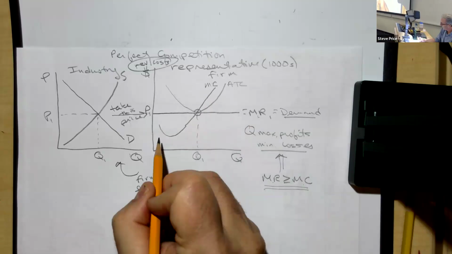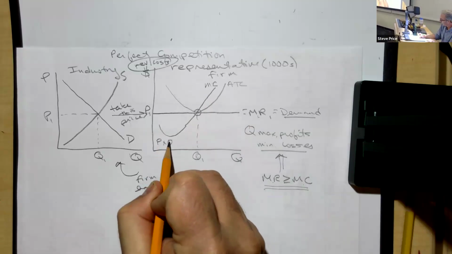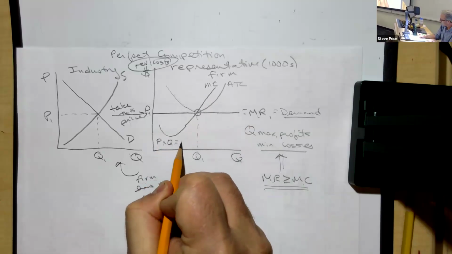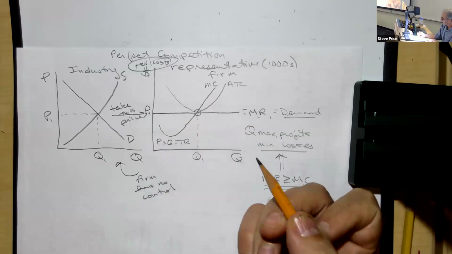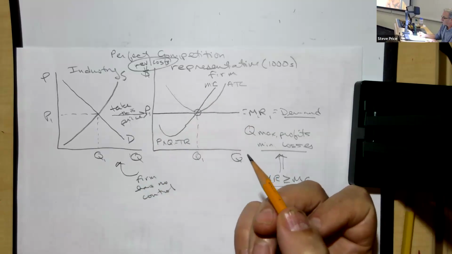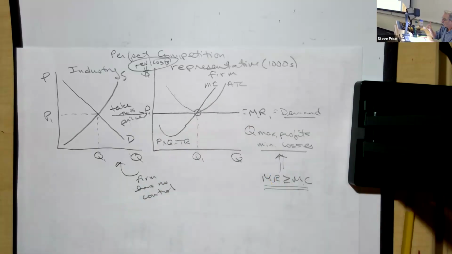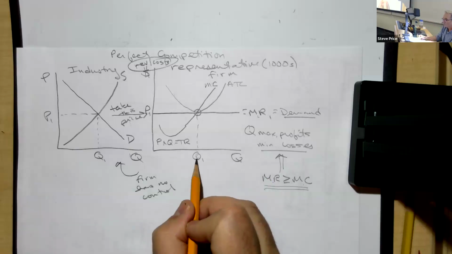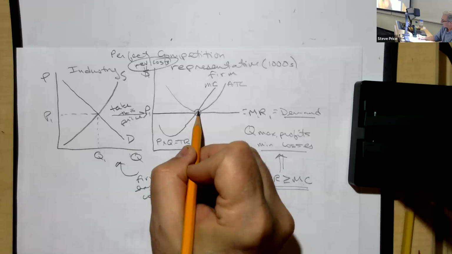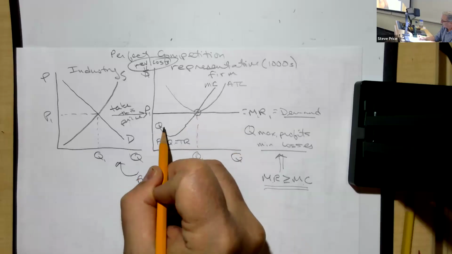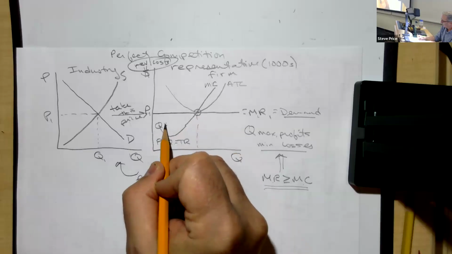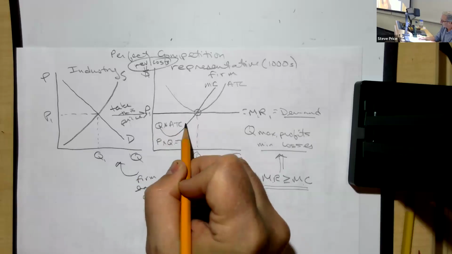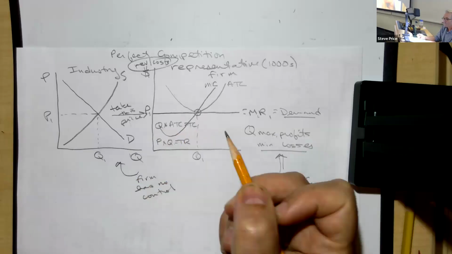Yeah, very good. So P times Q equals total revenue. Now notice this, and we did this mathematically last class: Q times ATC equals total costs.